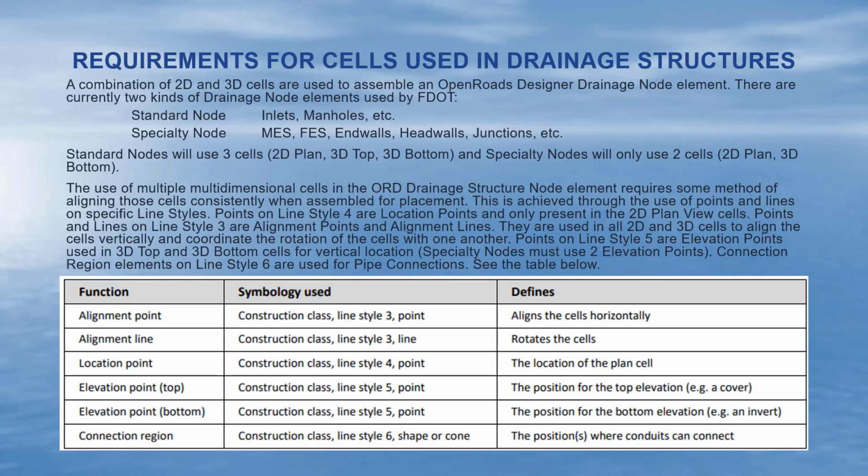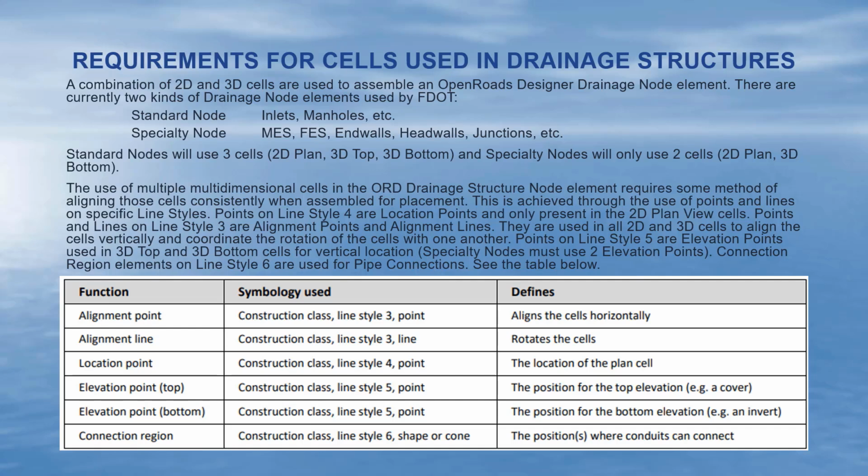Points on line style 4 are location points and are only present in the 2D plan view cells. Points and lines on line style 3 are alignment points and alignment lines. They are used in all 2D and 3D cells to align the cells vertically and to coordinate the rotation of the cells with one another.